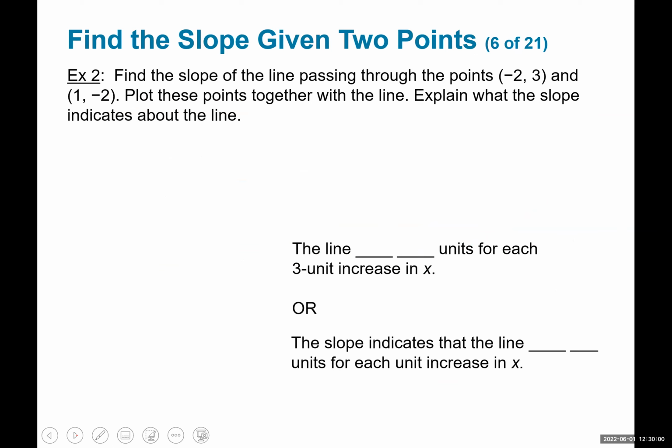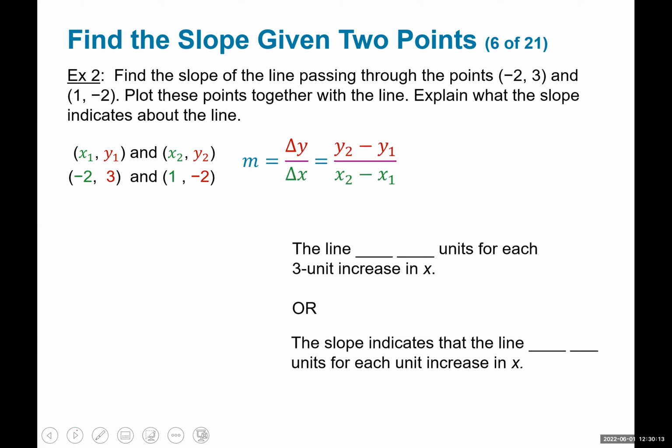Find the slope given 2 points. Let's actually use this formula and see what works out for us. So be able to write the 2 points down. You got your x1 and your y1, your x2 and your y2. Okay. We're going to actually put them into the equation where it says subtract the y's on the top, subtract the x's on the bottom. Notice that it always goes from y2 to y1, then from x2 to x1. So whichever point you start with, you have to start with it in both cases.